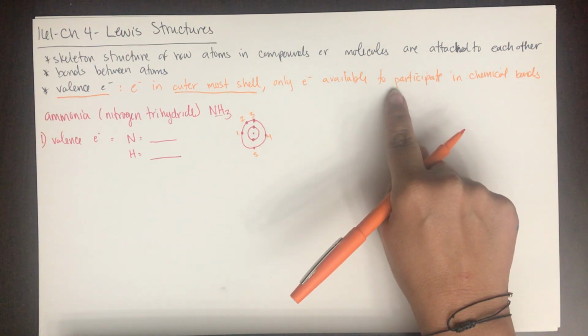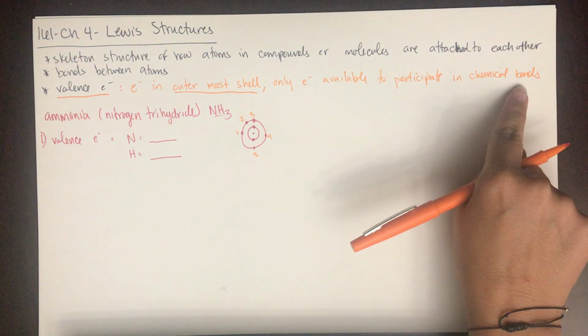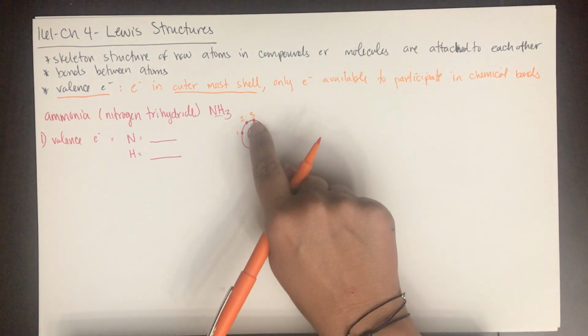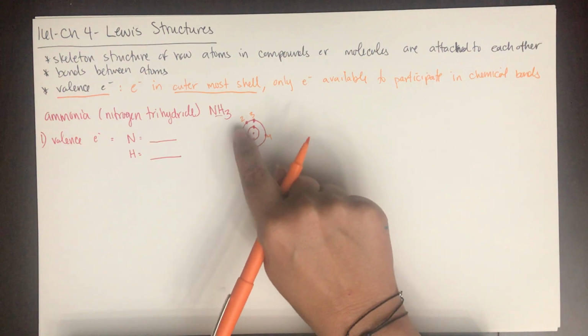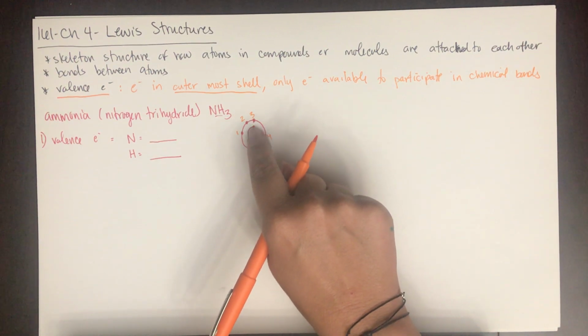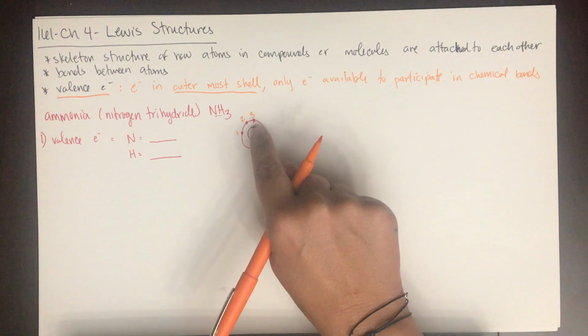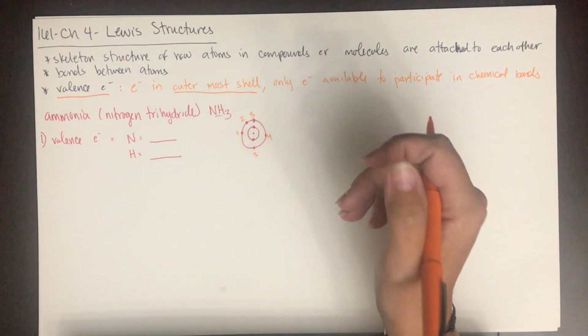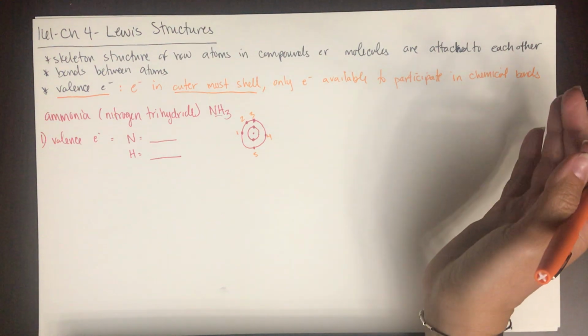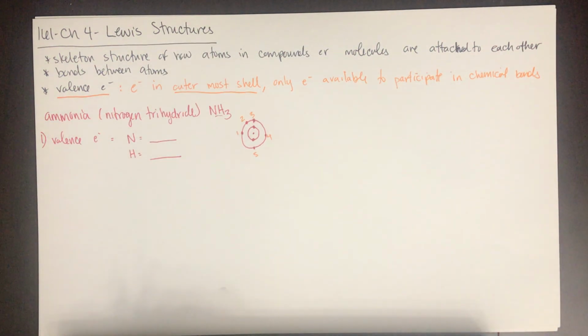Only the electrons in the outermost shell are able to participate in chemical bonds. These 2 electrons are what's called shielded because they are not in the outermost shell. These 2 electrons cannot participate in any bonds. Only the electrons in the outermost shell, the valence electrons, are available to participate in chemical bonds, and that's what we need for the Lewis structure.